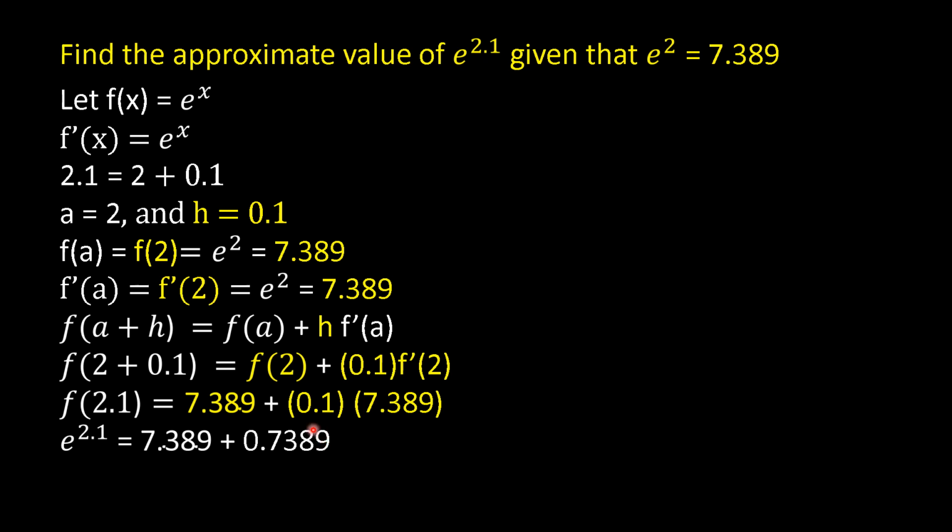Now the product of 0.1 multiplied by 7.389 will be 0.7389. So we get e to the power 2.1 as 8.1279. So this is about how to find approximate values of functions.